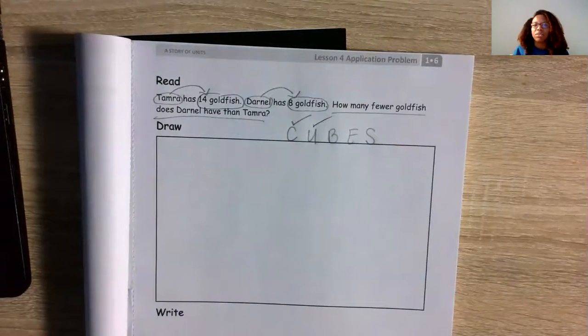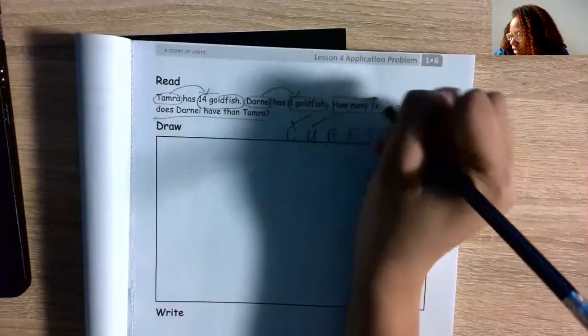And now we need to box our keywords. What are our keywords in our word problem? If you said how many fewer and then also box the word than, go ahead and give yourself some shine because you did a great job and you are correct.